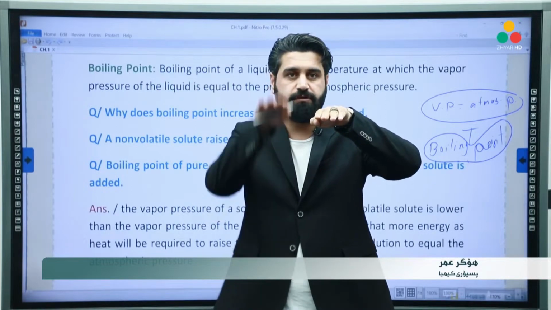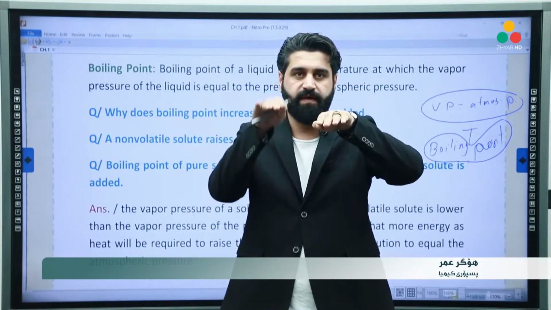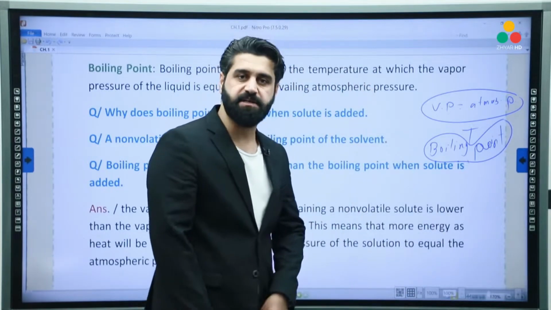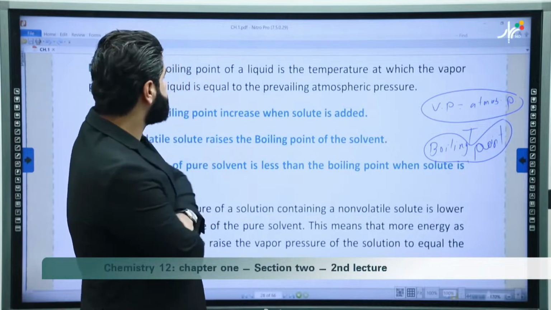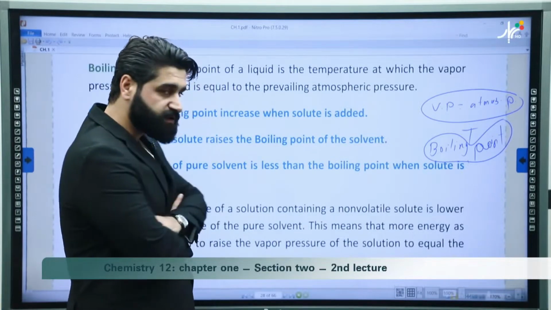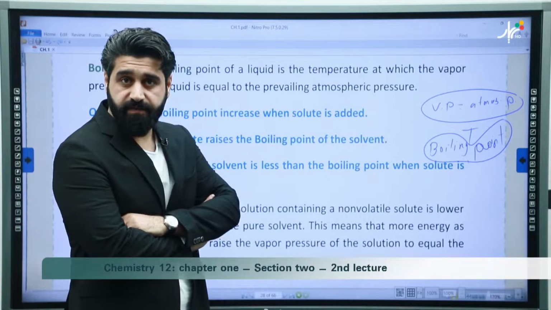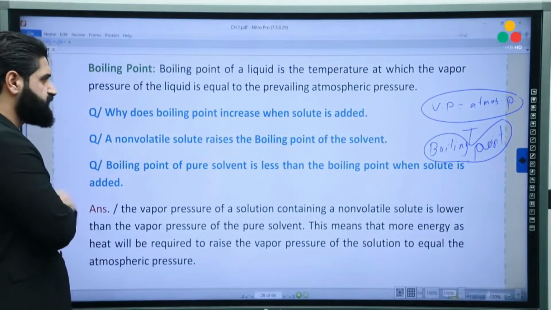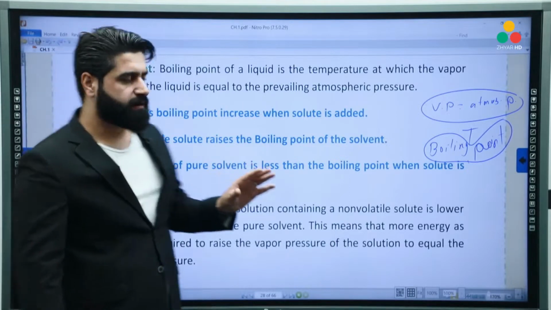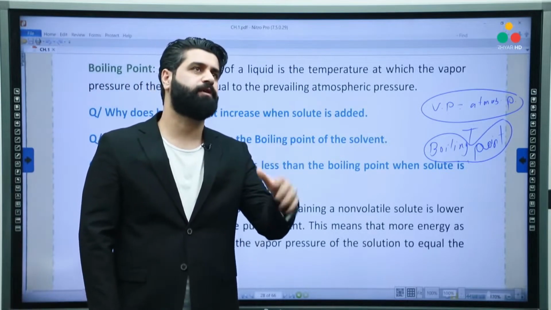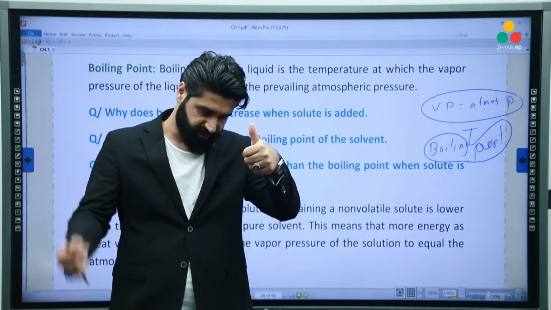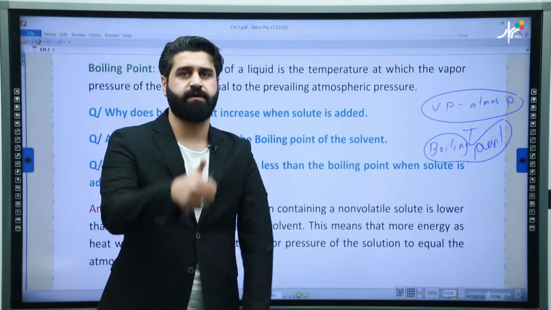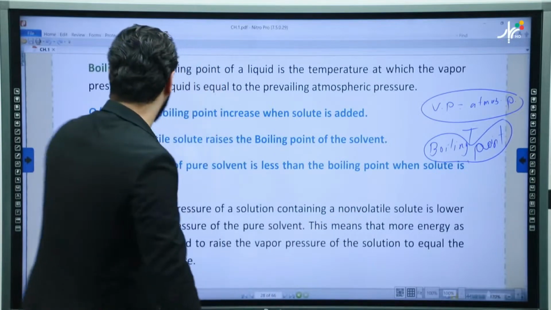It needs only a short time and less energy to be equal, so it needs only a few degrees of temperature to reach the boiling point. It's very easy, there's nothing to be confused about. So from now on, if you see a question, why does boiling point increase, you say because the vapor pressure decreases. Why does boiling point decrease? Because the vapor pressure increases. That's all about the boiling point.